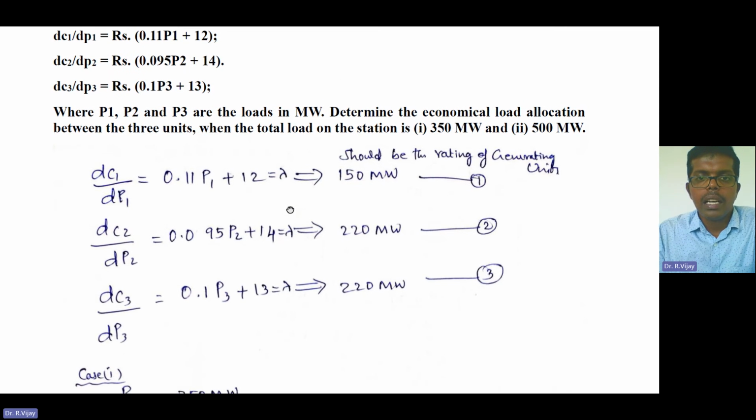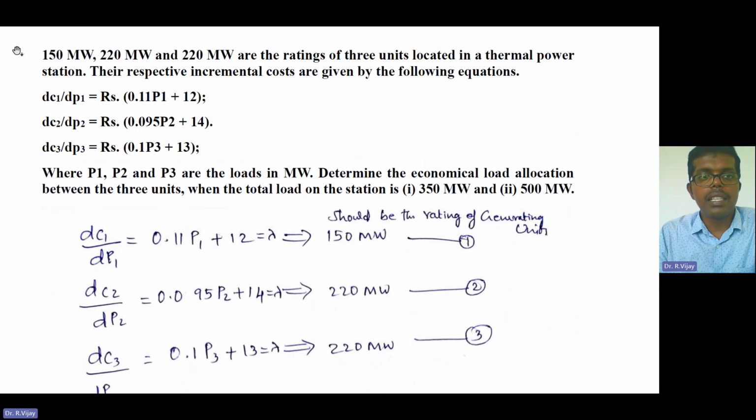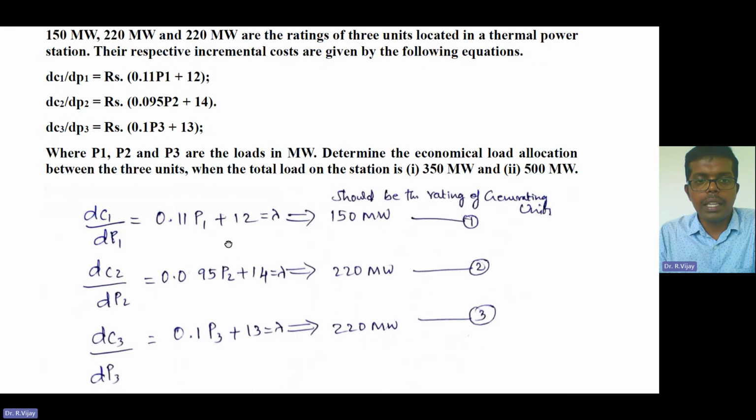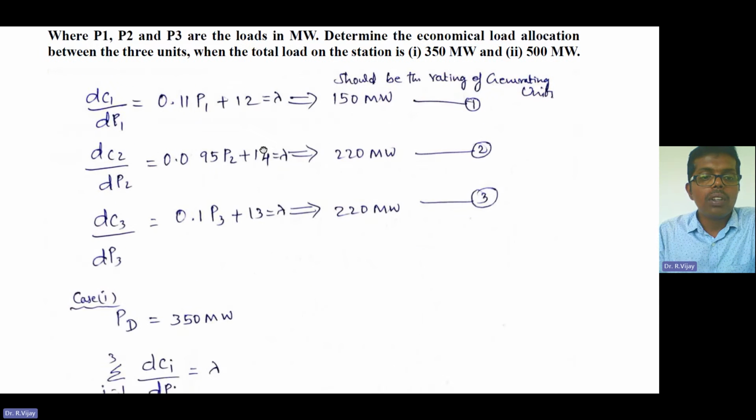The ratings of the machines are also given: the first machine is 150 megawatts, the second is 220 megawatts and the third is 220 megawatts. So here we are equating each to lambda. That is the formulation.